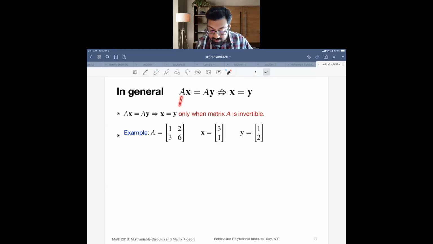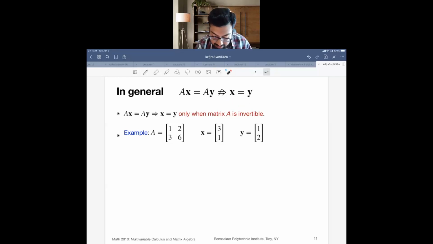If A is some matrix, and AX equals AY, that does not imply X equals Y. It implies X equals Y only when A is invertible. So only when the determinant of A is non-zero does AX equals AY imply X equals Y. But in general, it doesn't.